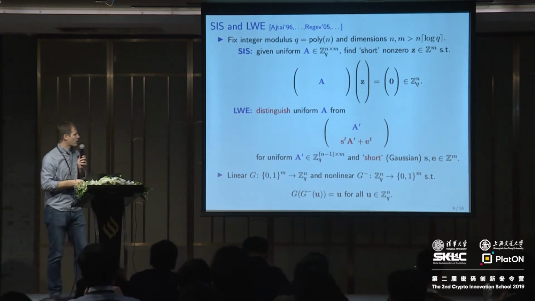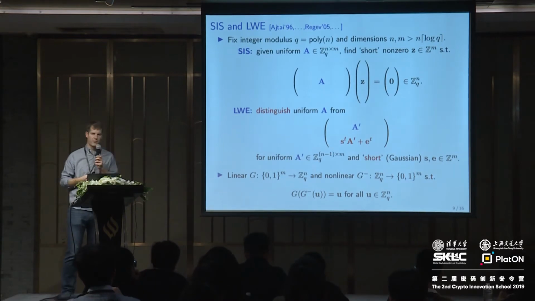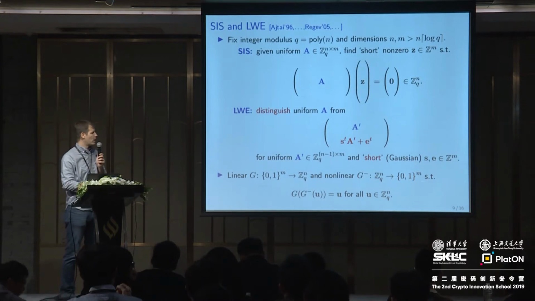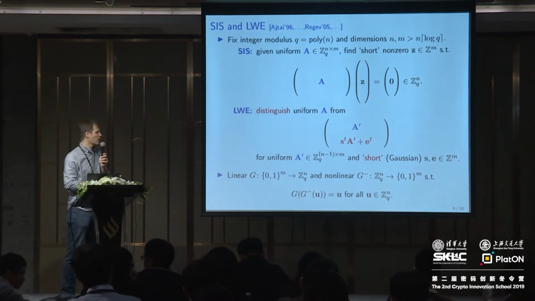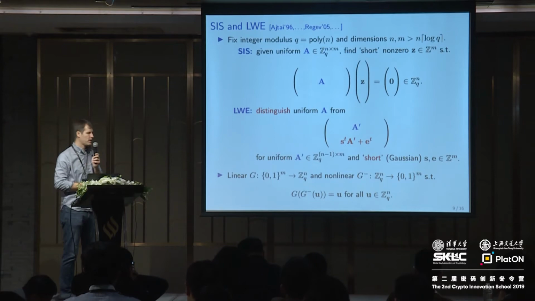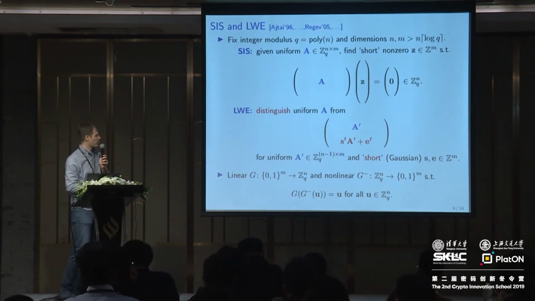But there's also a complementary inverse, kind of a one-sided inverse function, which I'll call G inverse. This function is nonlinear, but that's okay. So this function goes back from Z_q^n to m-bit binary strings. And it satisfies this invariant. If you take G inverse of U and apply G to that, you get back U. So it only goes in one direction.